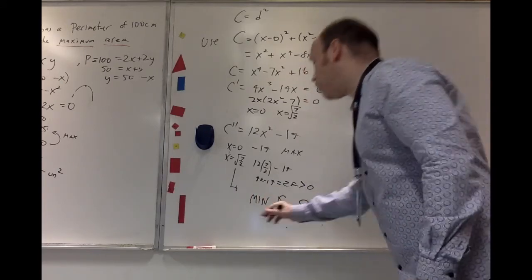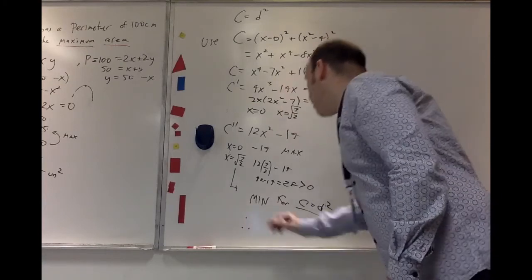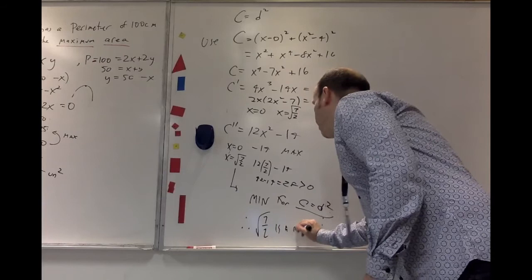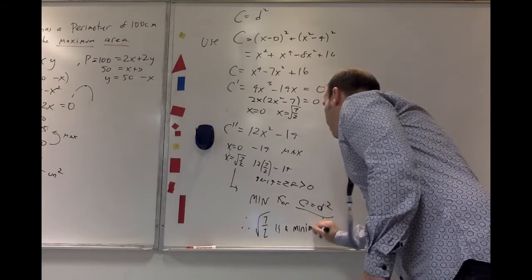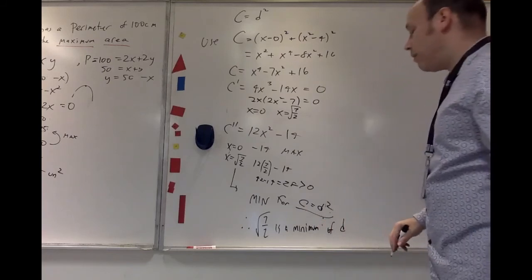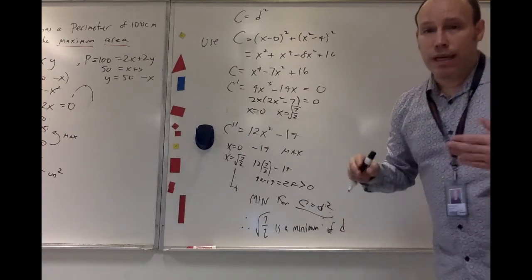Therefore, and you're allowed to conclude this, the square root of 7 over 2 is a minimum for distance. And that's the idea.